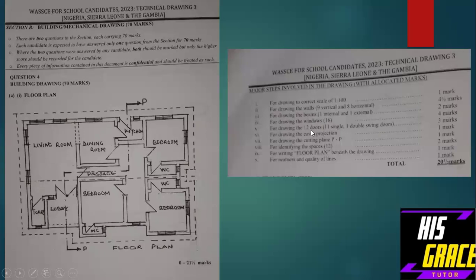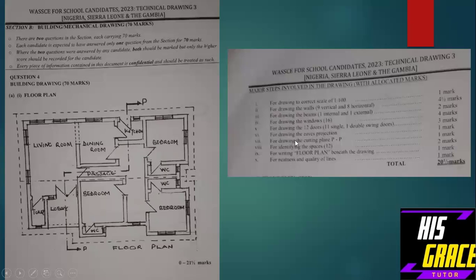For drawing the 12 doors, 11 single and 1 double swing door, 3 marks. If you look at the number of doors that we have here, this is one single door, this is 2, 3, 4, 5, 6, 7, 8, 9, 10, and the other ones we have wherever they are.